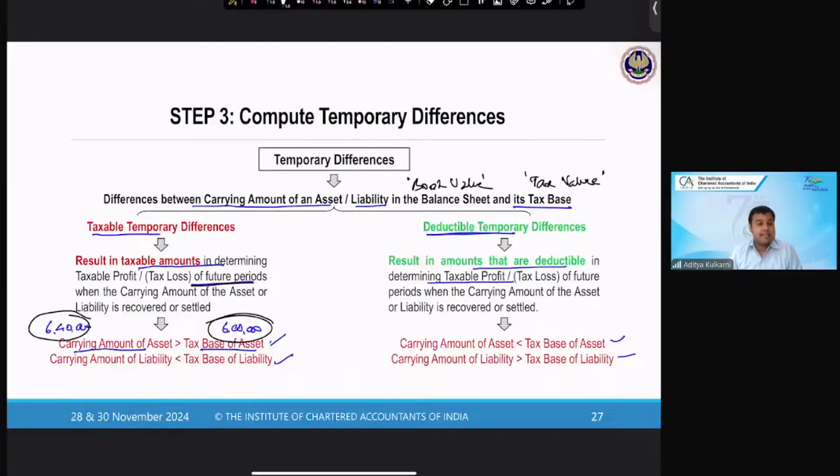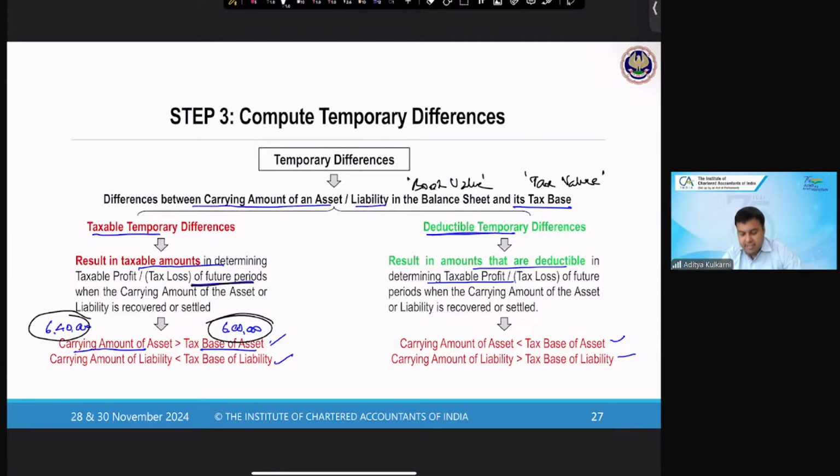Can I say that this temporary difference, 6,40,000 to 6 lakhs, is nothing but something that will get sorted out in the future? But today, this difference exists because of different methods of calculating depreciation.